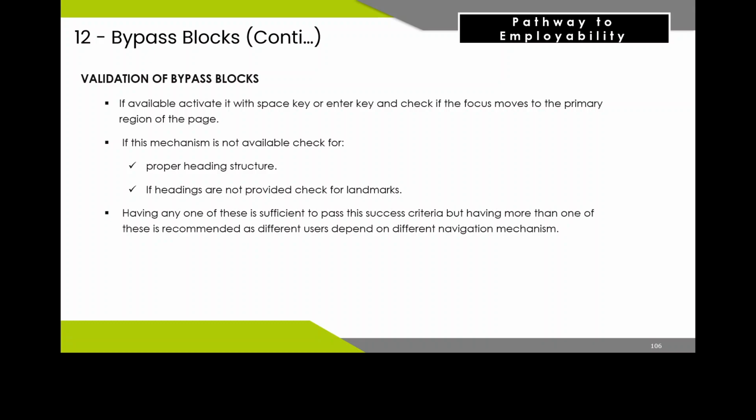If this mechanism is not available, check for proper heading structure. If headings are not provided, check for landmarks. Having any one of these is sufficient to pass this success criteria, but having more than one of these is recommended as different users depend on different navigation mechanisms.